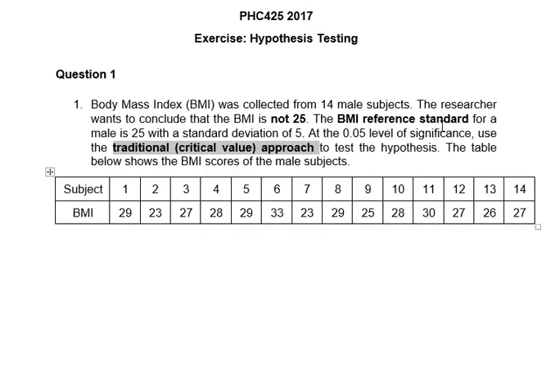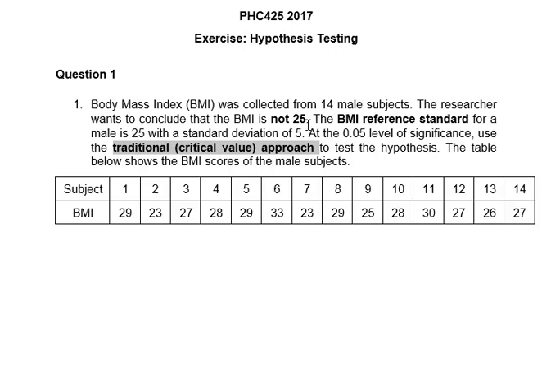The researcher wants to conclude that the BMI is not 25. It means that it is the alternative hypothesis, because a claim actually reflects the alternative hypothesis.